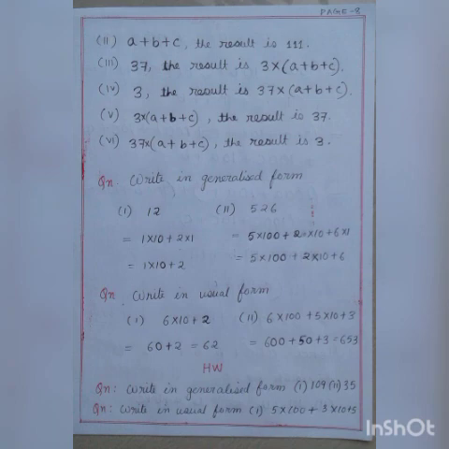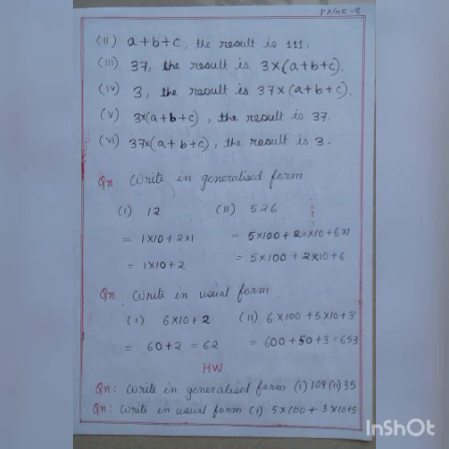Number 4, the number ABC plus BCA plus CAB is divisible by 3, and the result is 37 into (A plus B plus C).